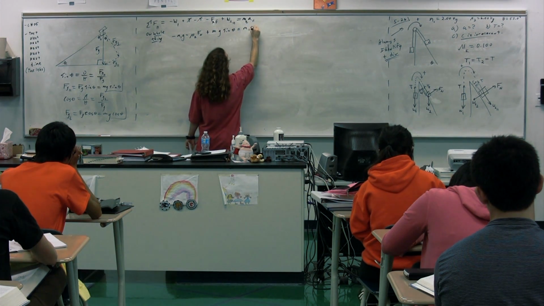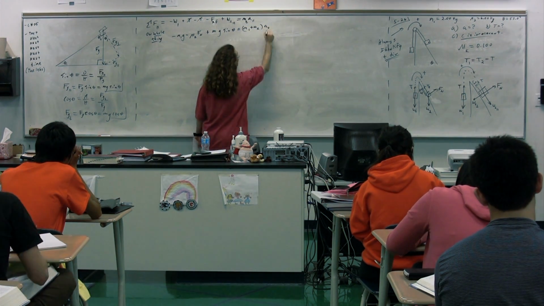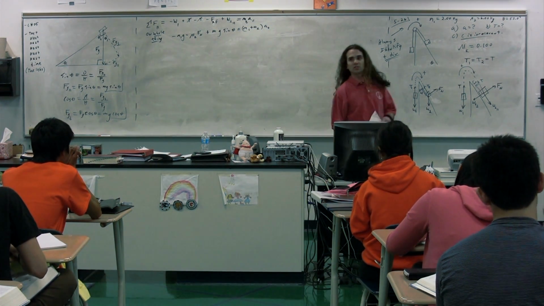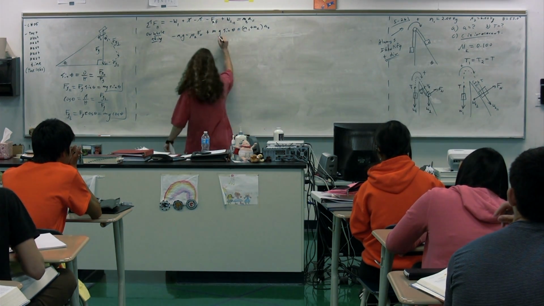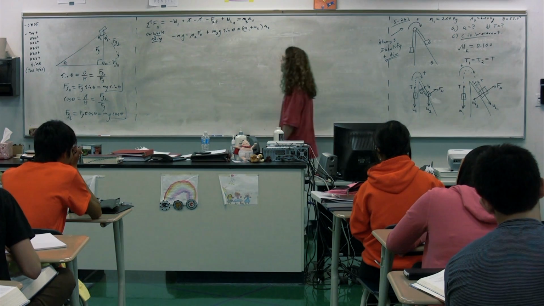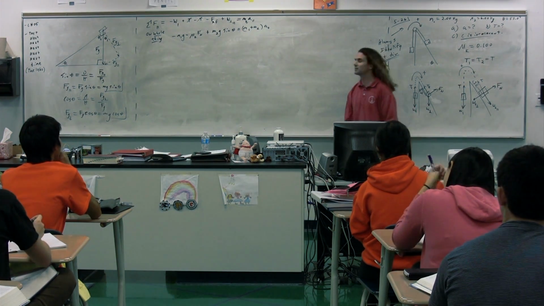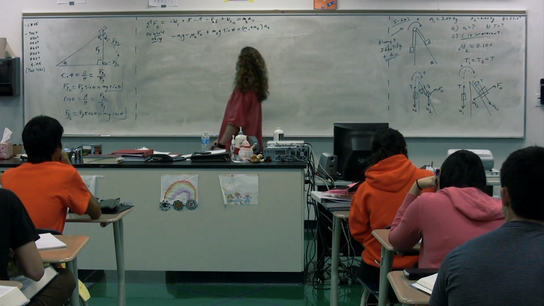I'll put mass 1 plus mass 2 times the acceleration in the parallel direction. Missing one subtle thing, Kevin? Subscript on the sine. The mass for the second one, mass 2 times the g times the sine of theta. Okay, let's see.